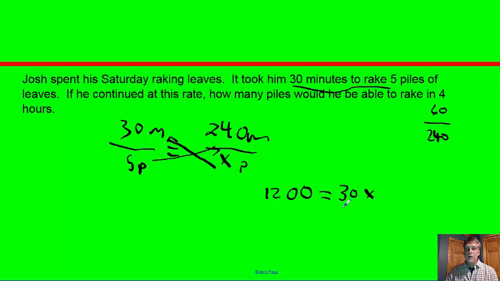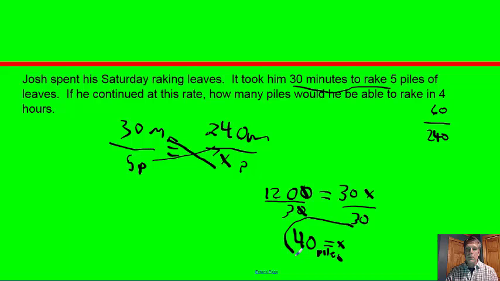All right, again, divide both sides by 30 to solve it. And look, quick, I could take out those zeros, so I really have 120 divided by 3. Well, 3 goes into 12 4 times and I have a 0. So I'm going to have 40. That's going to equal my X. So about 40 piles of leaves.